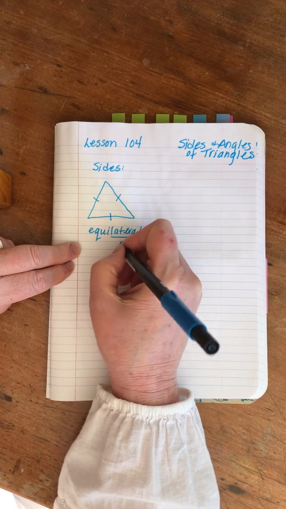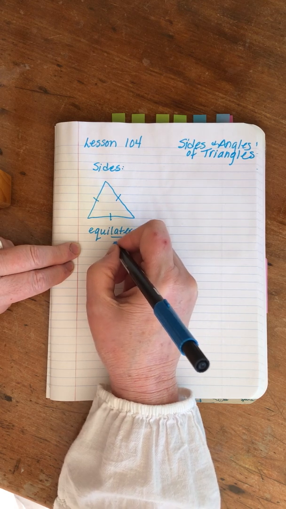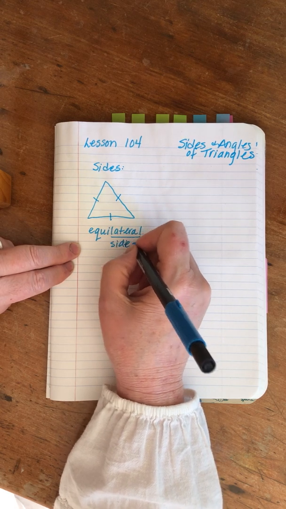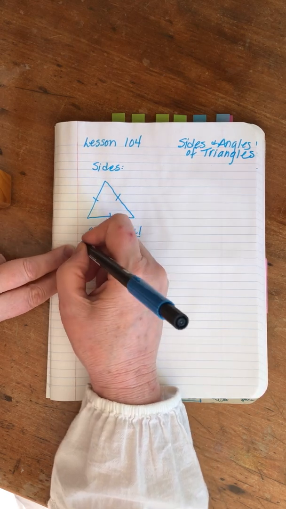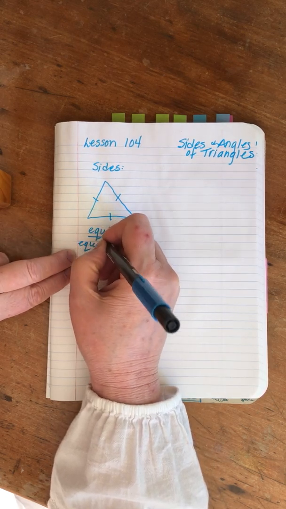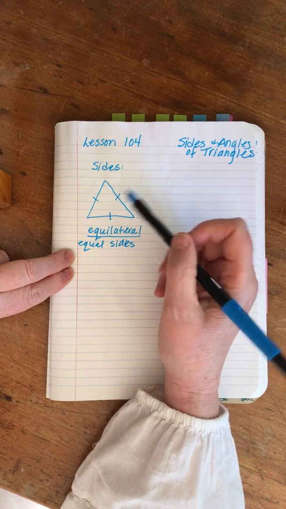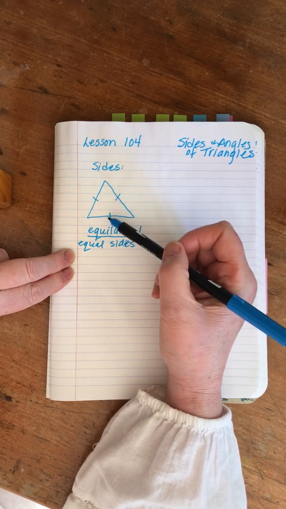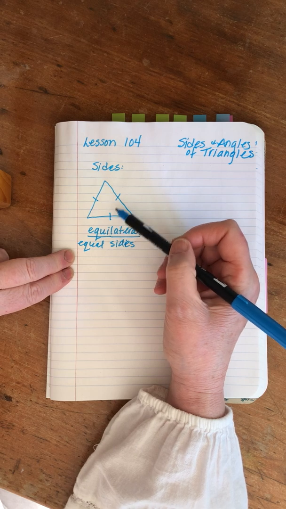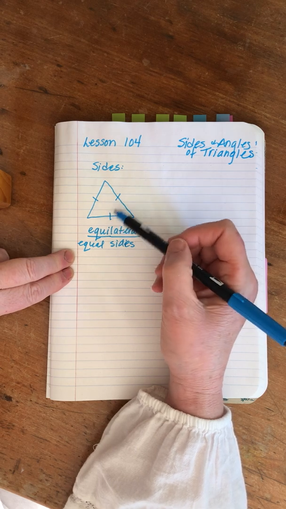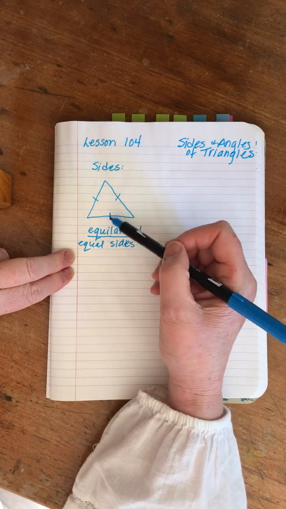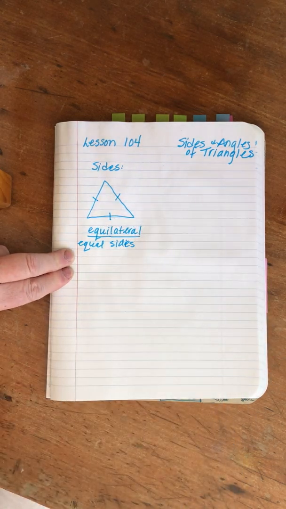Lateral means sides. Equa means equal. So it should come as no shock to any of us that this triangle has 3 equal sides, right? These little marks mean the same. So that's our way of showing that all of those are the same.